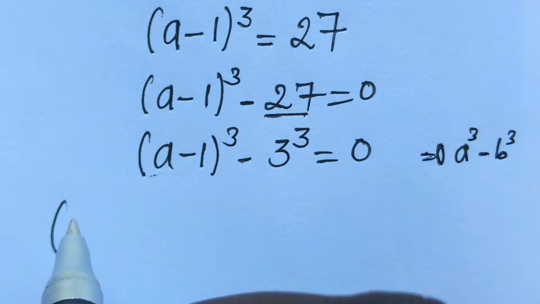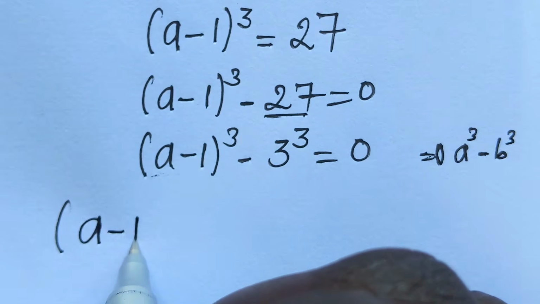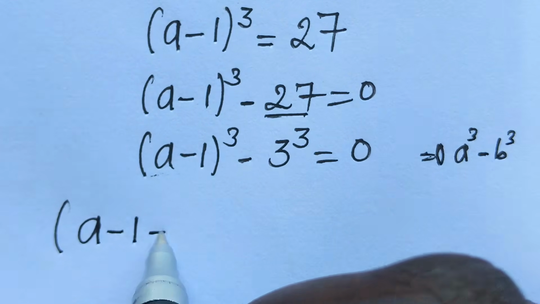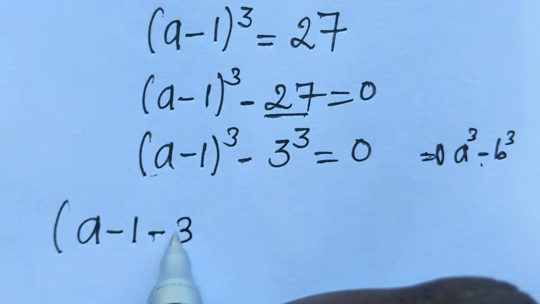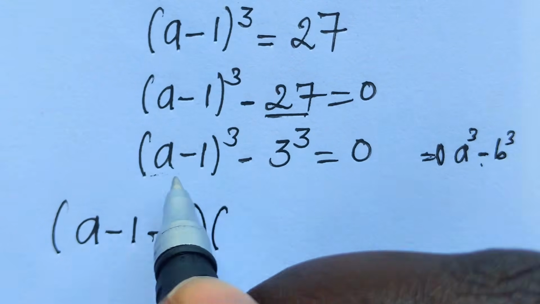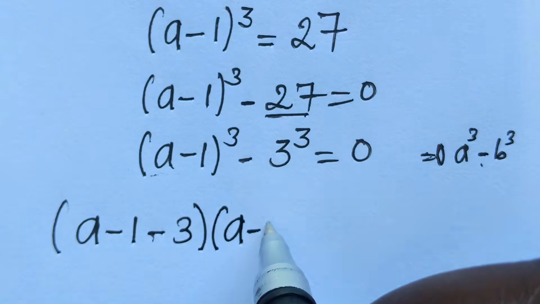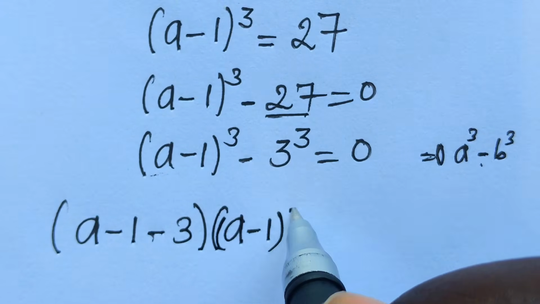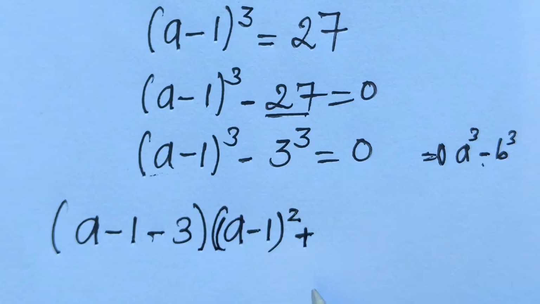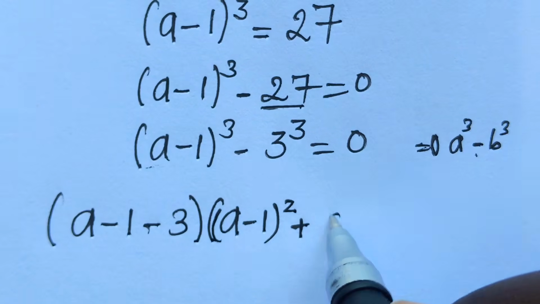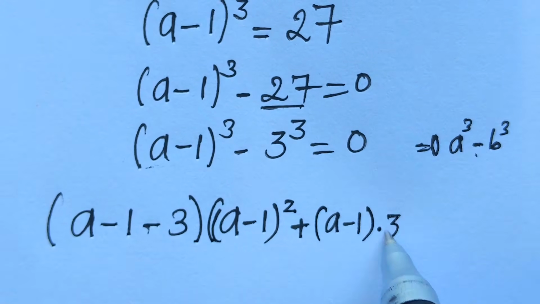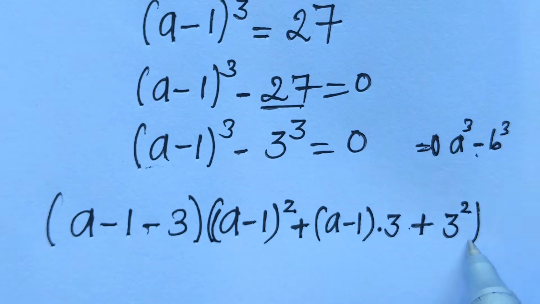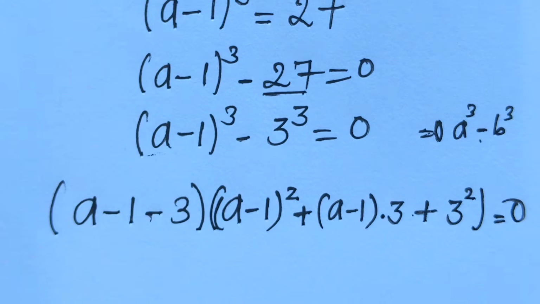So this is (a − 1 − 3) times ((a − 1)^2 + (a − 1)(3) + 3^2) = 0.